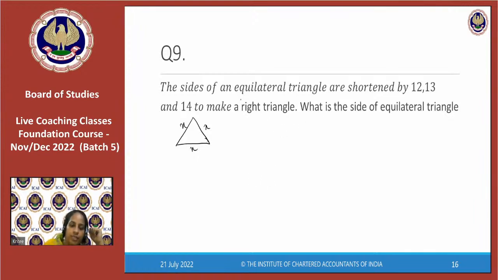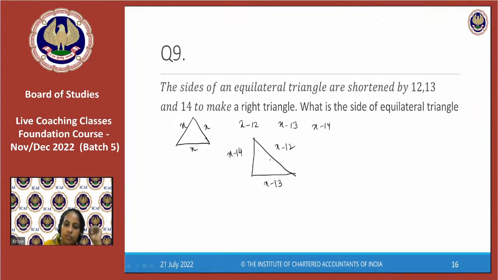Now the question says that each of the sides of the equilateral triangle are reduced by some value. Like one side is reduced by 12, the other side is reduced by 13, and the other side is reduced by 14. So these sides now, x minus 14, x minus 13, and x minus 12, are so reduced that they now form a right triangle.